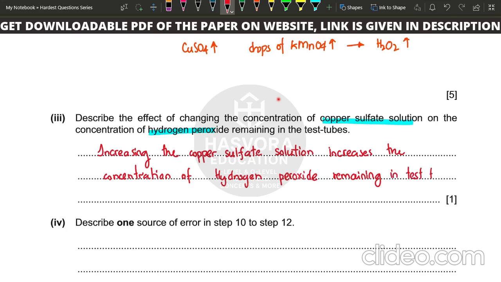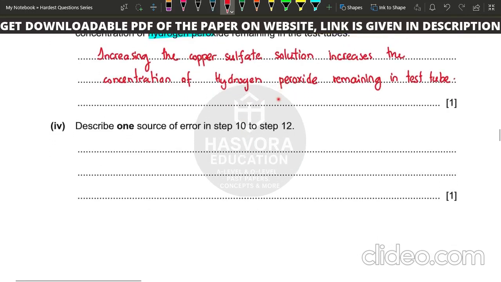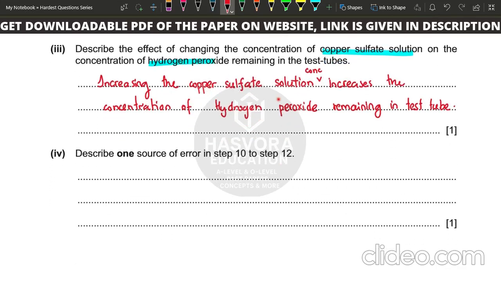By this question, you should have figured out the trend in your experiment, so just keep an eye on that. So increasing the copper sulfate solution concentration increases your concentration of hydrogen peroxide remaining in the test tube.